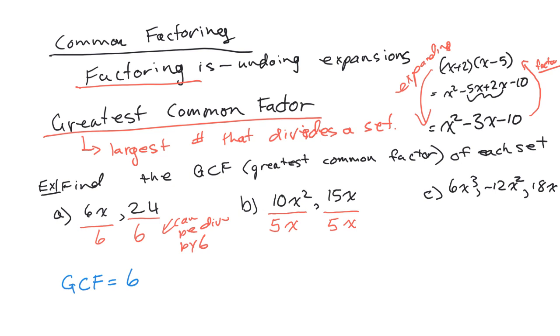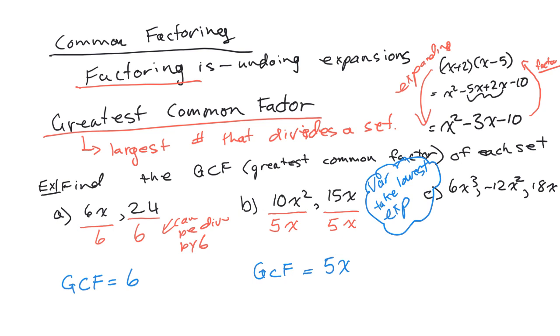So in this case, we would say our GCF is equal to 5x. Now, here is the rule. When we have a variable, we always take the lowest exponent for our variables, okay?